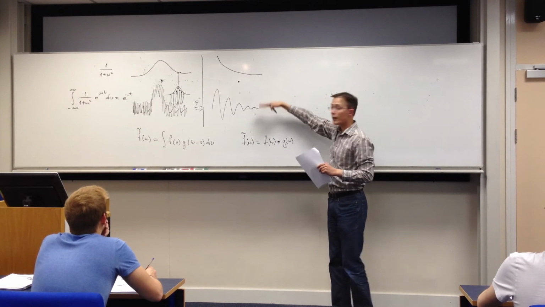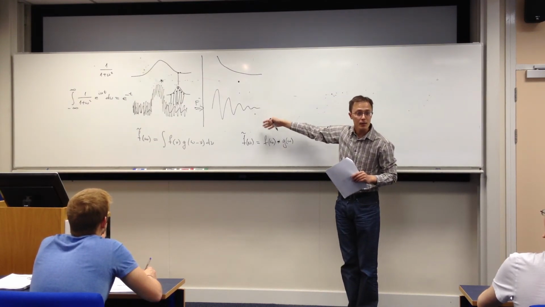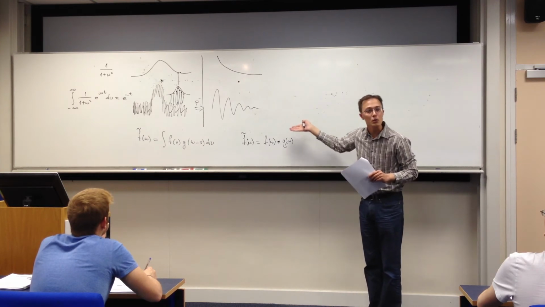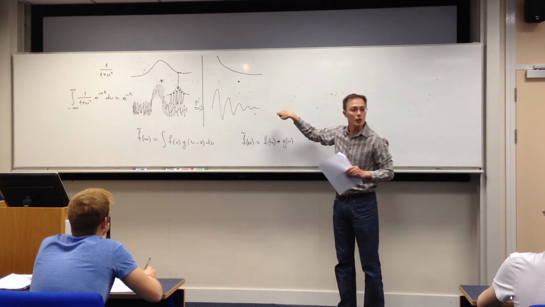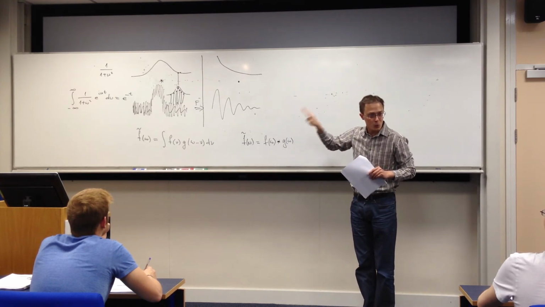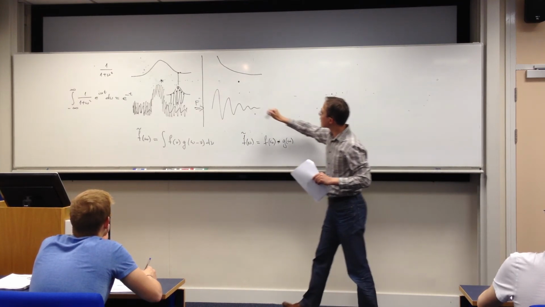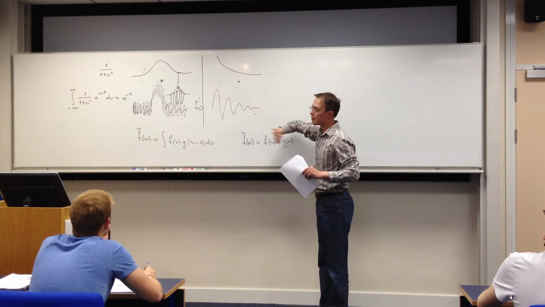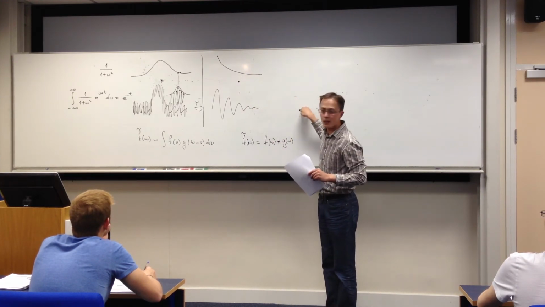So who recognizes the procedure? Yeah, exponential apodization. The standard stuff that you do first when you acquire your spectrum to get rid of the tail noise. And the students who haven't seen a spectrometer yet will see a spectrometer at some point. But this is the first standard thing that people do when they process NMR data. They multiply it by a decaying exponential to kill the tail noise here.